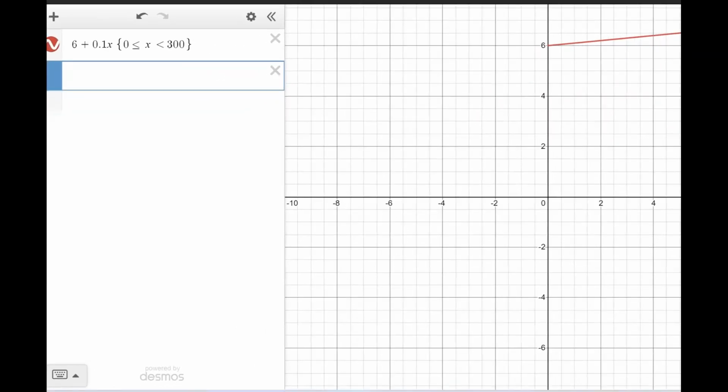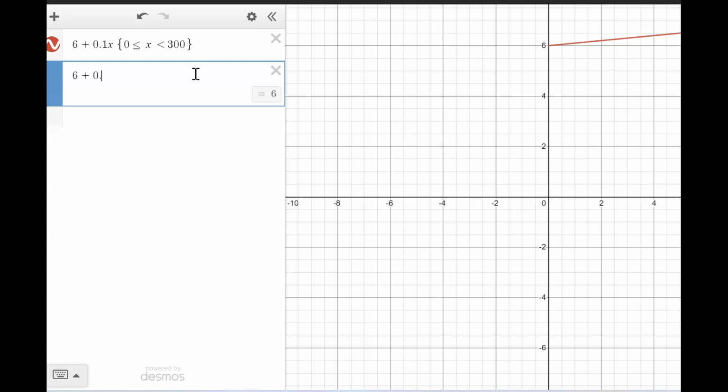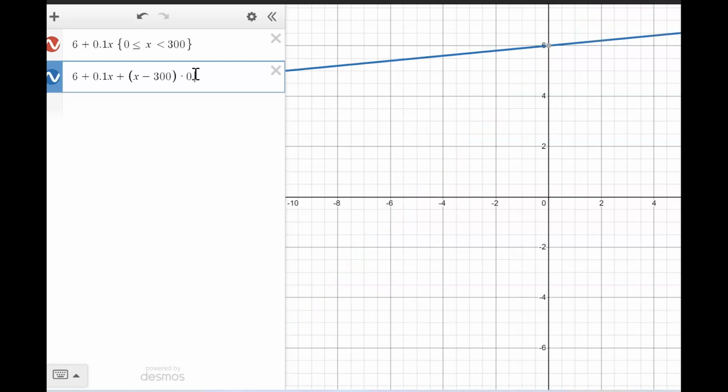And our second piece of the equation is 6 plus 0.1x plus (x minus 300) times 0.06, for x greater than 300.